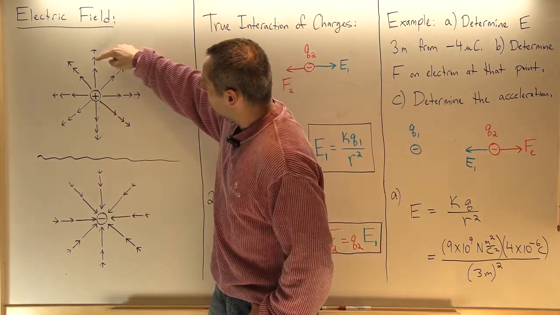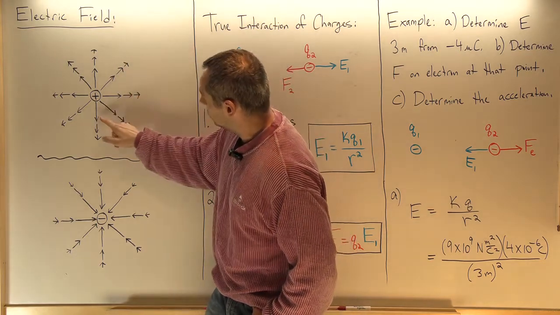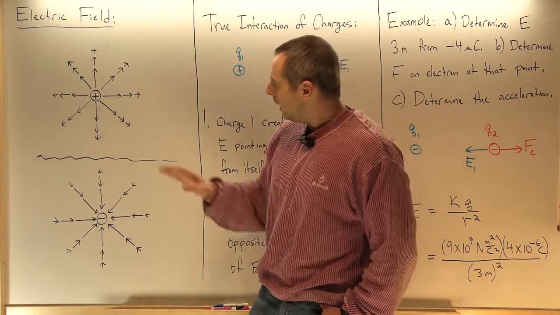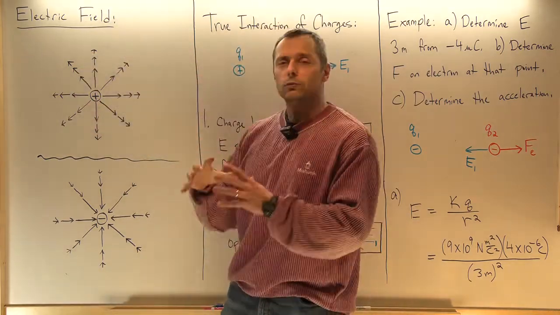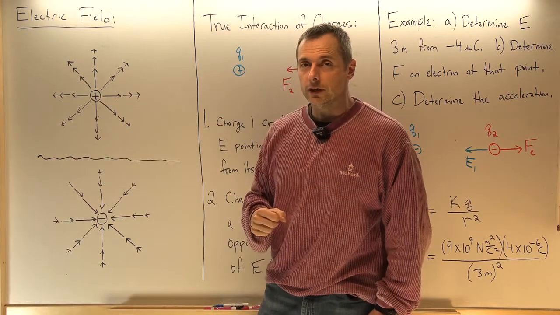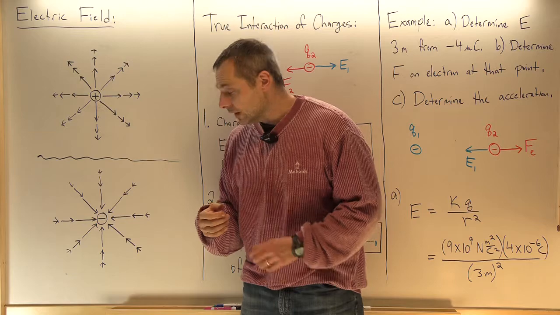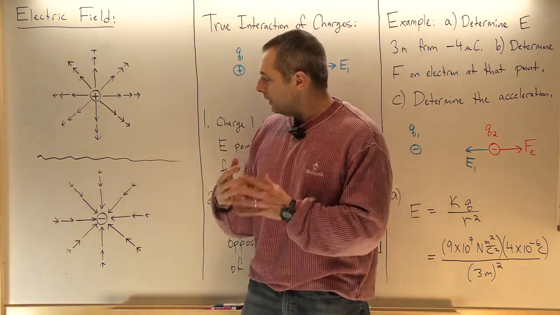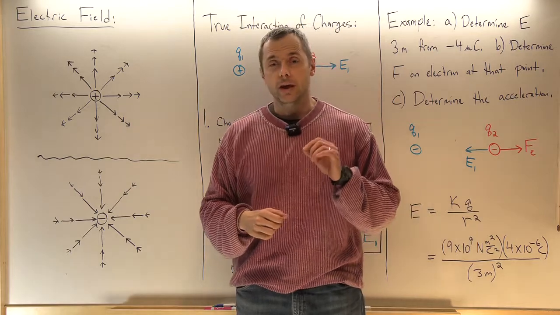If you step further away, all these arrows are also the same length, but shorter than the original ones. Go even further, even shorter arrows. So it gets weaker the further you get from the charge. And the same pattern holds for the negative charge. So I'm going to create a pause. Go ahead and copy these diagrams as accurately as you can into your notes.